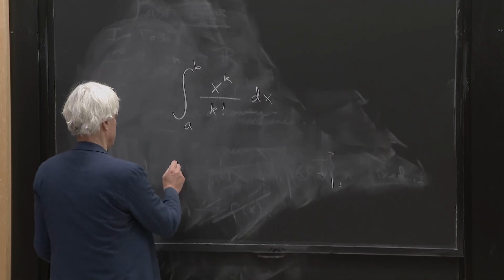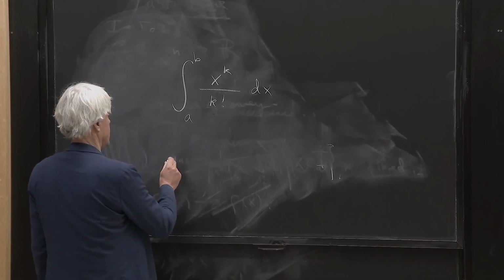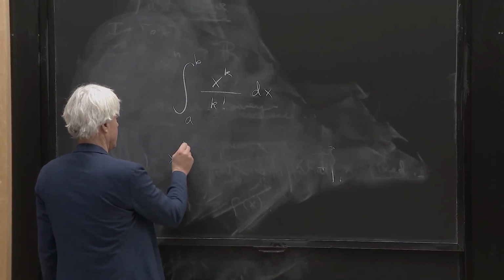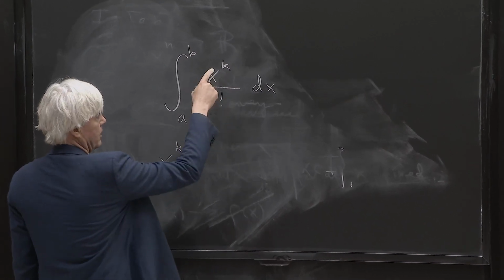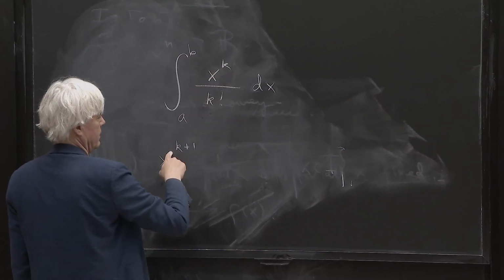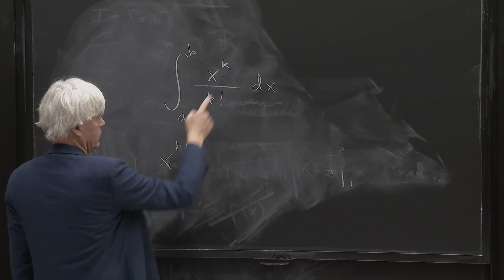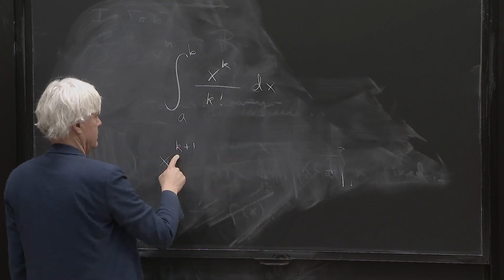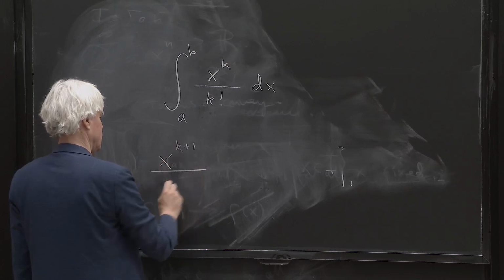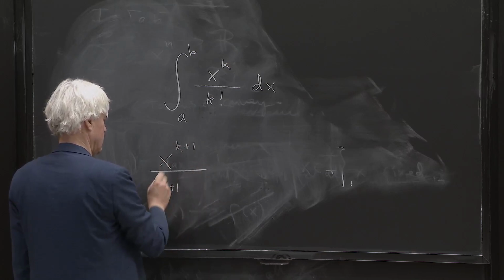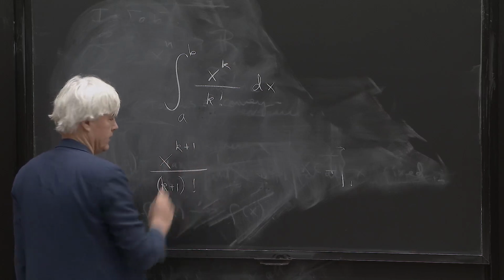So what is that function? If you're looking at x to the power k plus 1, because it's a polynomial, you have to add 1 to the exponent. Then when you take the derivative, this comes down, so you have to divide by k plus 1 factorial.